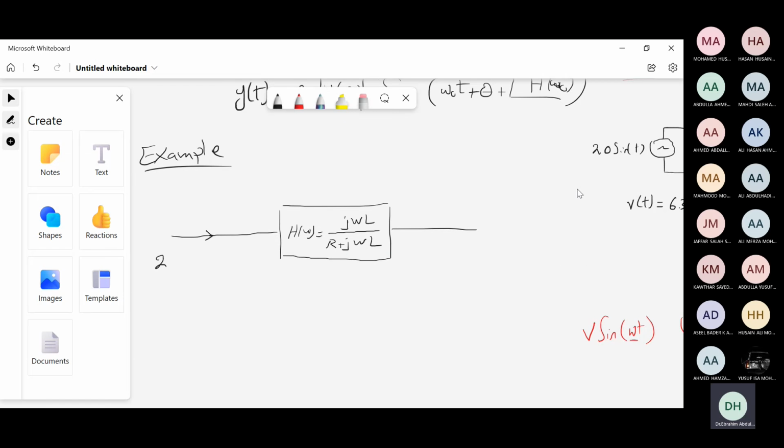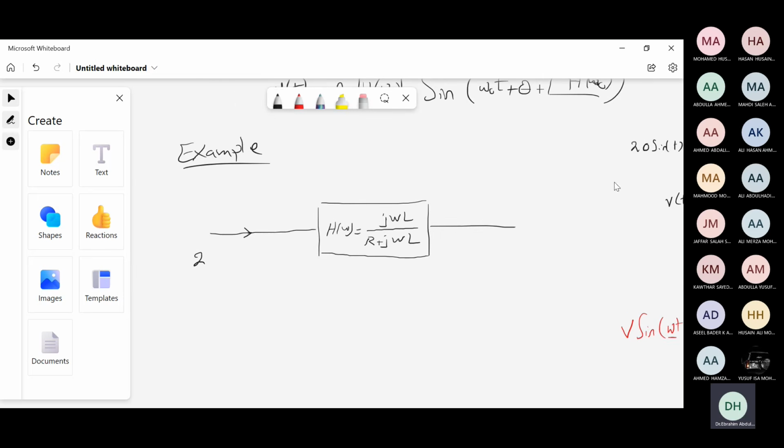And if the input is, what did we take for the first one? It is 10 cosine 4t. What I want to find is the output. Remember that r equals 3 and L equals 1.